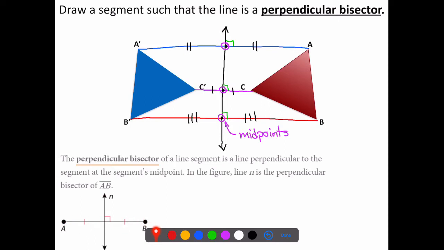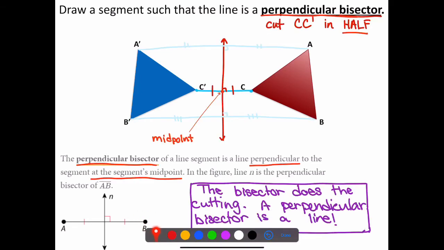So therefore, I can also say that if I reflect point A over line N, point A will map onto point B. In fact, if this was a reflection, A reflecting over line N would be equal to A prime. So A prime and B could be said to be the same thing. All right. So again, we can see that right down here.